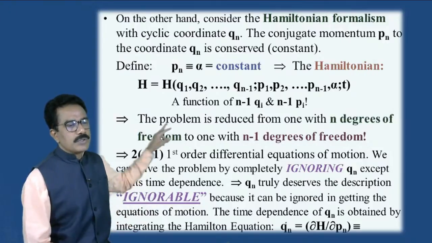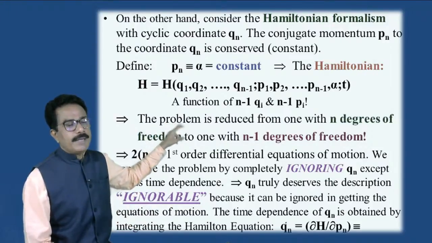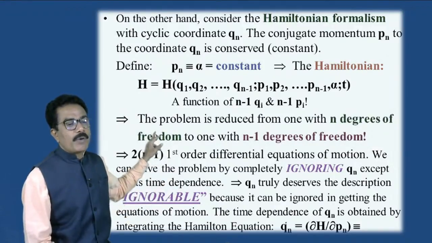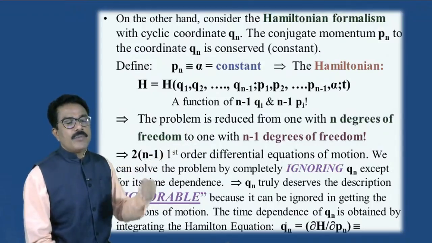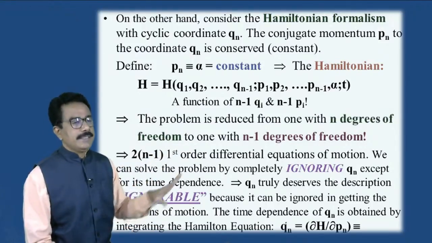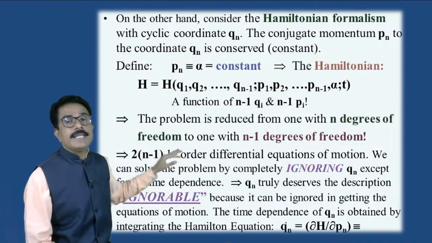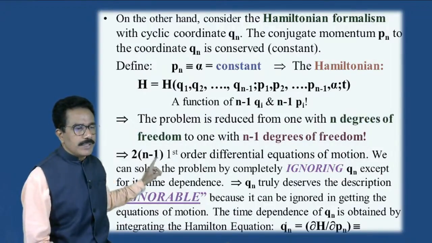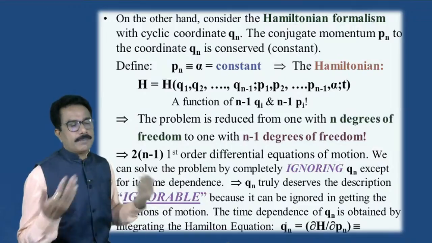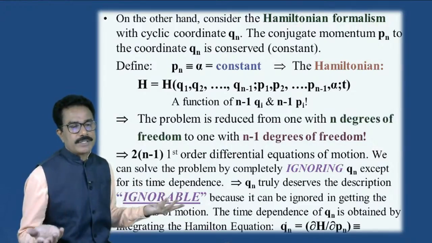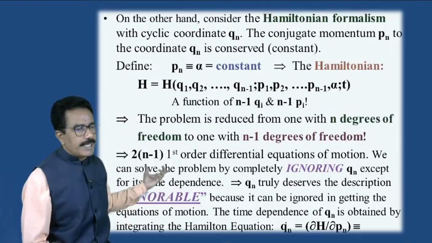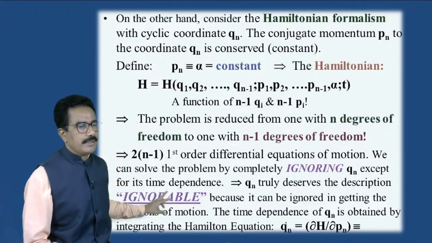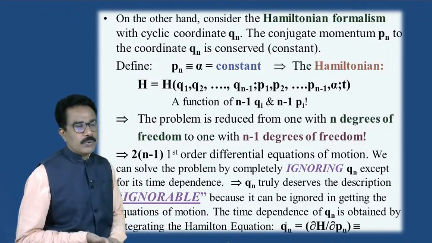So with the function of n minus 1 of qi and n minus 1 of pi, the problem is reduced from n degrees of freedom to n minus 1 degrees of freedom. This implies n minus 1 first order differential equations of motion, so we can solve the problem completely, ignoring qn except for its time dependence.